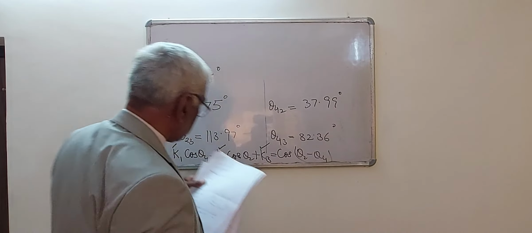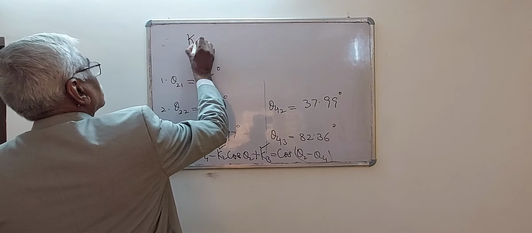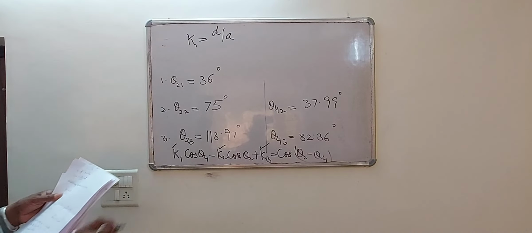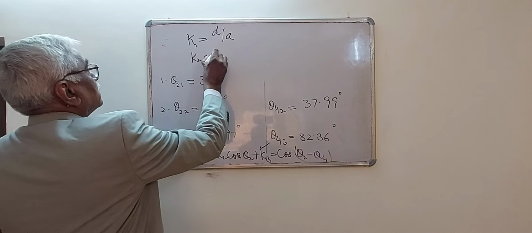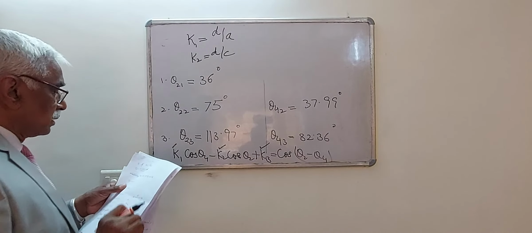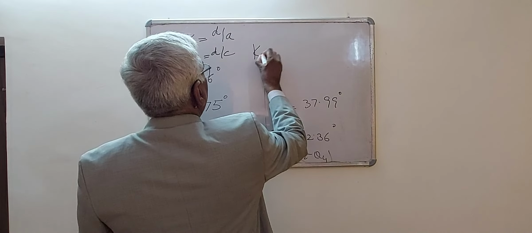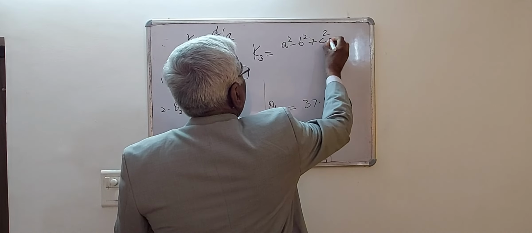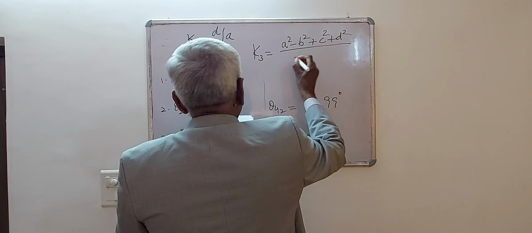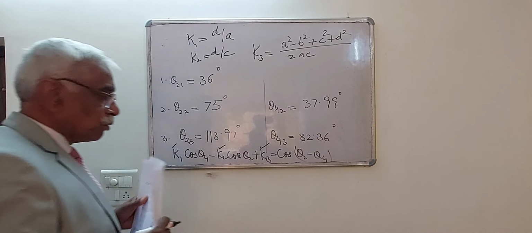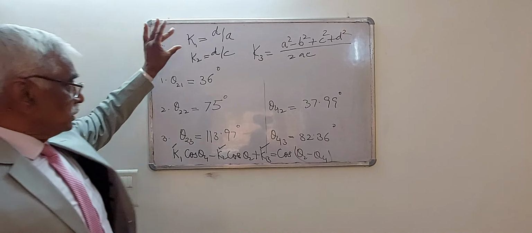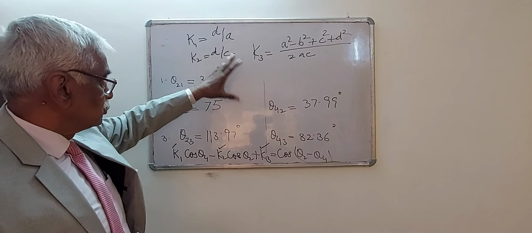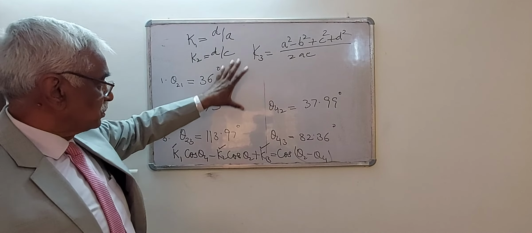I told you in the very beginning, K1 is connected to the dimension as D by A and K2 is connected as D by C. K3 is connected to (A square minus B square plus C square plus D square) divided by 2AC. The first and foremost thing before you is to find the values of K1, K2 and K3. Once you determine these values, you can find the dimensions of the linkage.